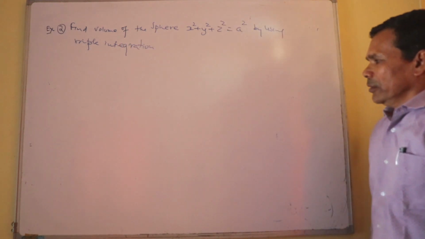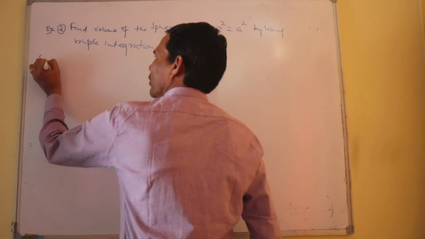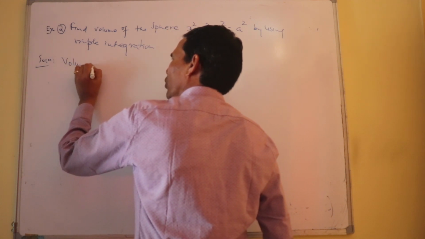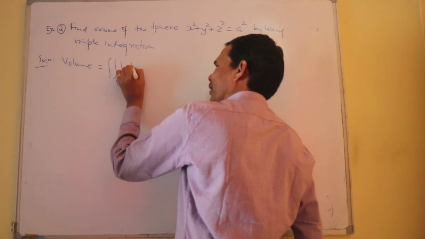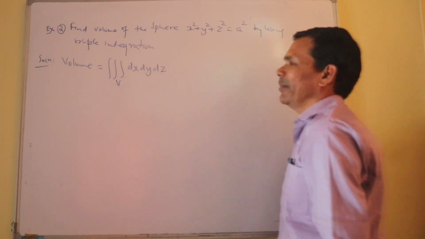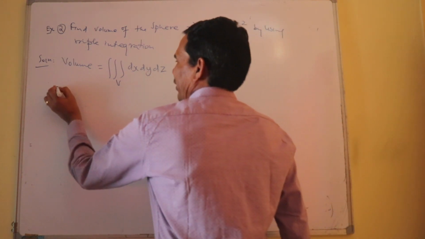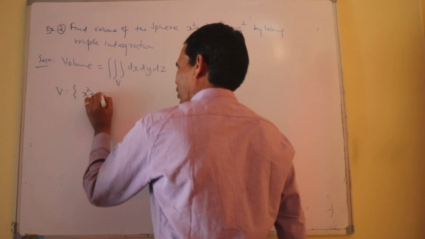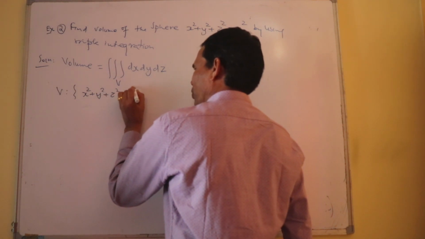So solution for this problem: the volume formula, as I told you right now, volume is given by the integral over V of dx dy dz, where dx dy dz is dV, the volume element, and V is the volume of the surface of the sphere.